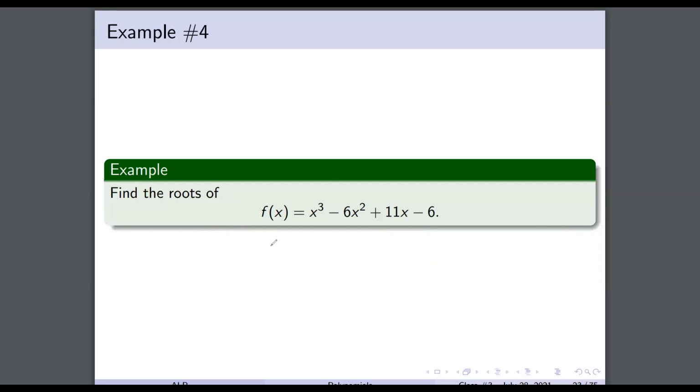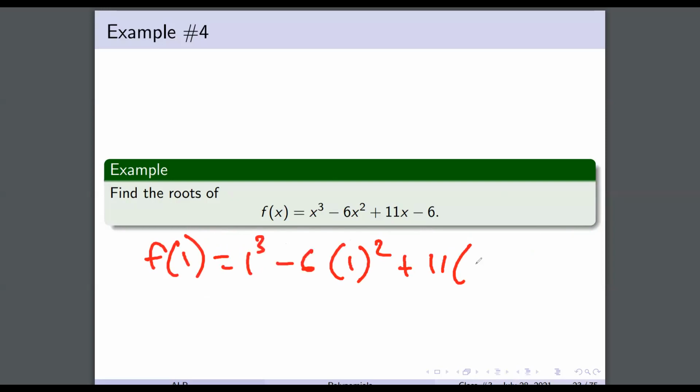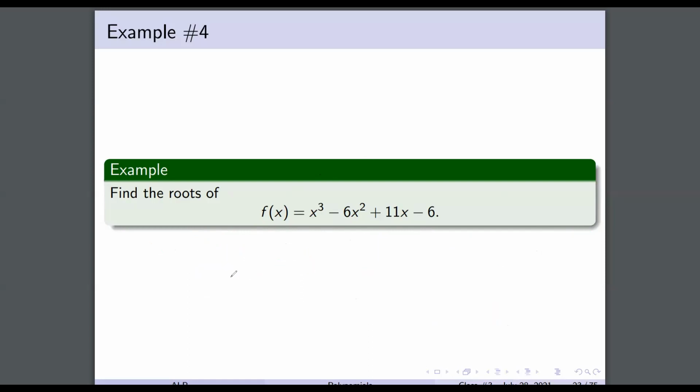Thus, let us just try to plug in 1. So f of 1 equals 1 cubed minus 6 times 1 squared plus 11 times 1 minus 6. And then we get 1 minus 6 plus 11 minus 6, which equals 0. So great. We know that x minus 1 is a root.